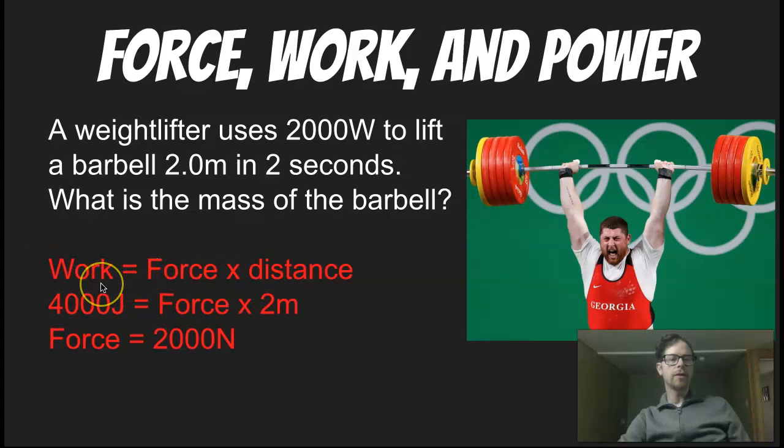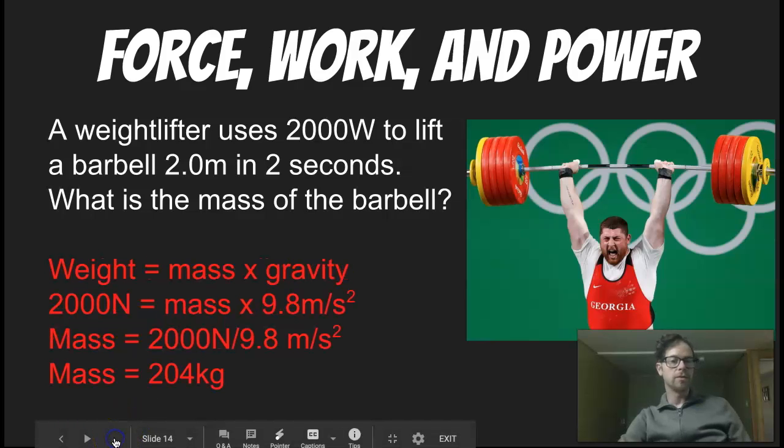We calculated the work in the last part as 4,000 joules. So 4,000 joules is the force, or essentially the weight of this barbell, times 2 meters, the distance that it was moved. We divide both sides by 2 meters and we get a force of 2,000 newtons. So the weight of the barbell is 2,000 newtons.